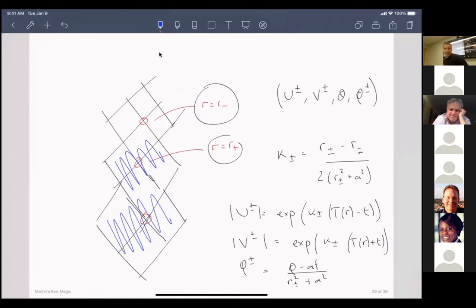Okay, so essentially, I think the key observation is you perform a coordinate change on the basis of a specific choice of geodesics, the principal null, ingoing and outgoing, which are constant in theta.